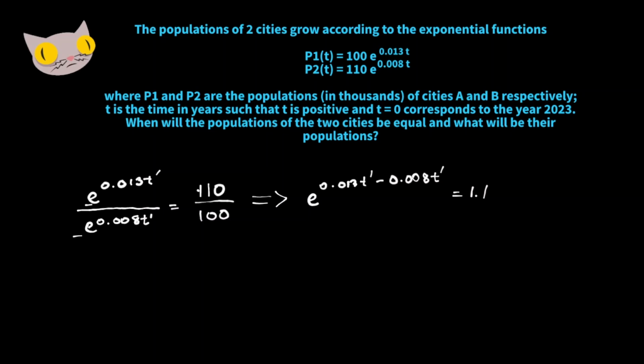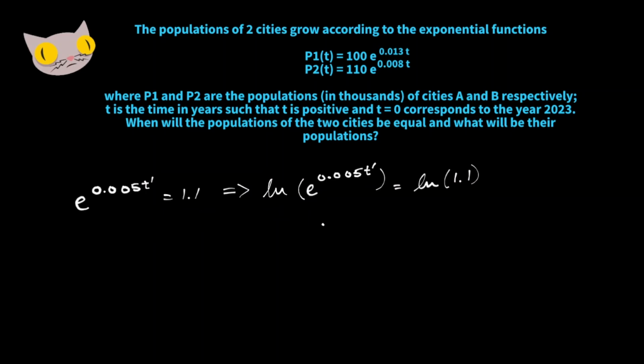That's our 110 over 100. So now we can simplify this. We can just subtract the exponents. That gives us e to the 0.005 t prime equals 1.1.